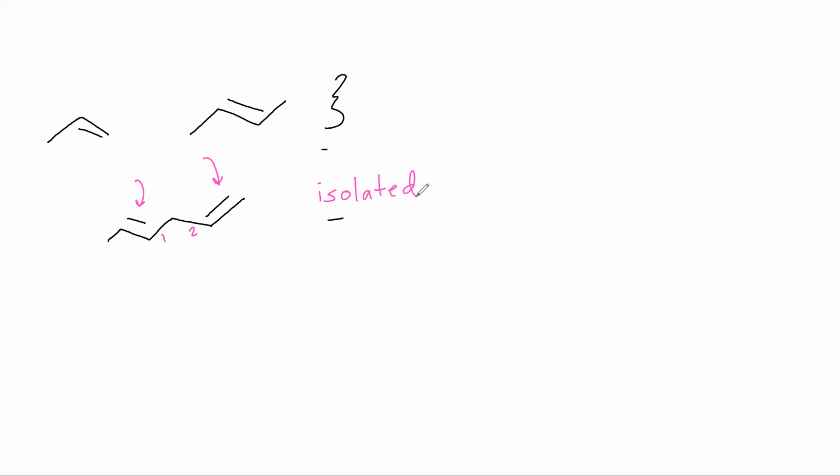And you'll see why we call it isolated in a second, because we are now going to be talking about a conjugated diene. Essentially, this means it's a diene with only one single bond between the two of them. And we call this a conjugated diene because it has a resonance structure.